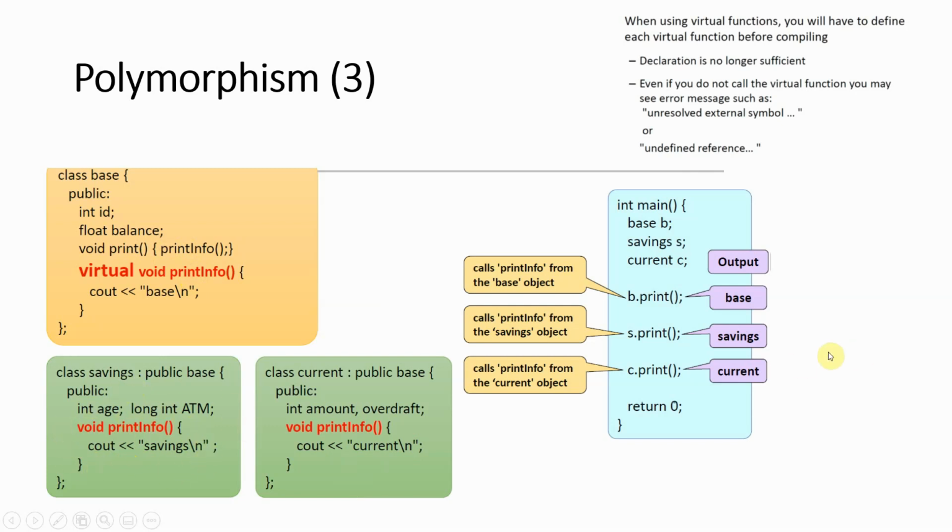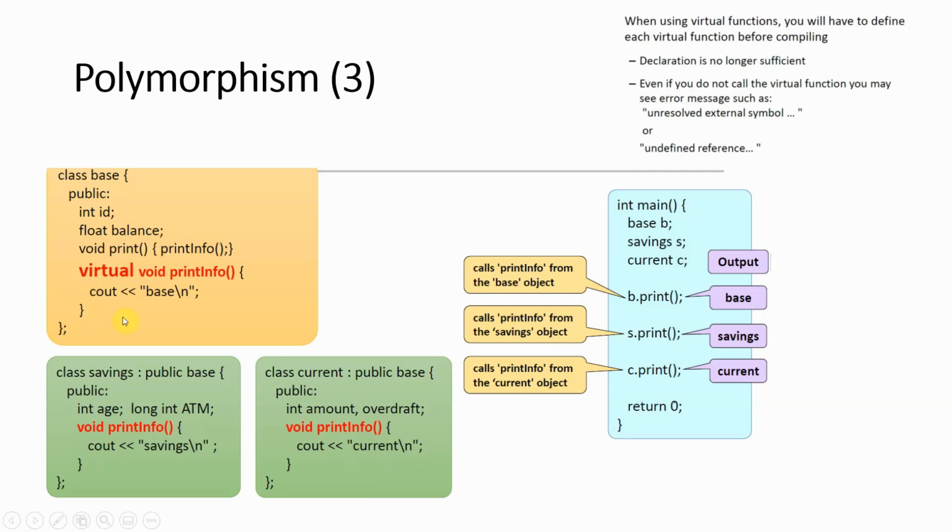So when you use a virtual function, you have to define each virtual function before compiling. A declaration alone is not sufficient. Even if you do not call the virtual function, you may see an error message.